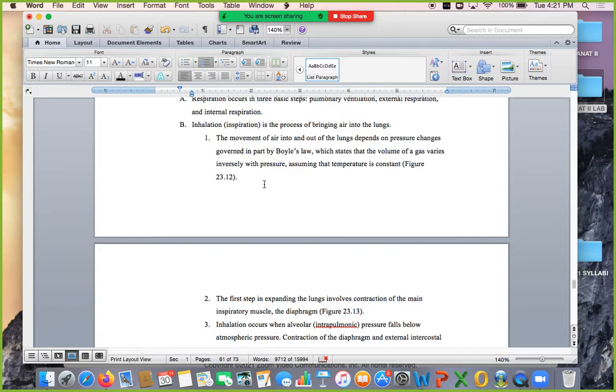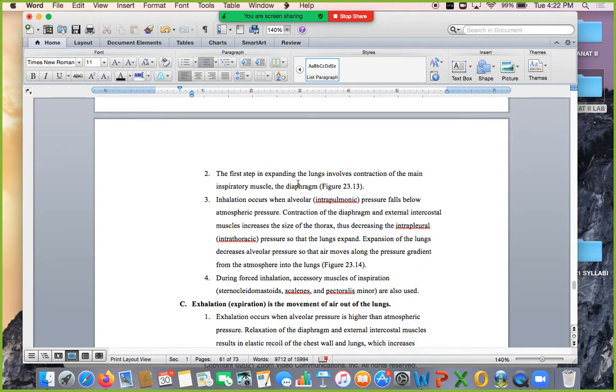So basically when we contract our diaphragm, that makes our lungs expand so that the pressure inside our lungs gets lower. That means it's going to pull air in from the outside. And then when we push that air back out, we're going to increase the pressure inside the lungs such that the air flows outward, even though the outside pressure stays constant.